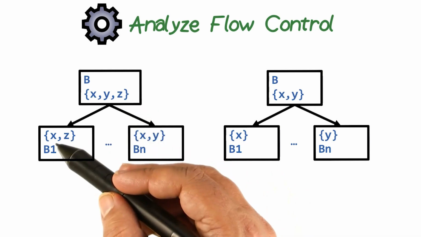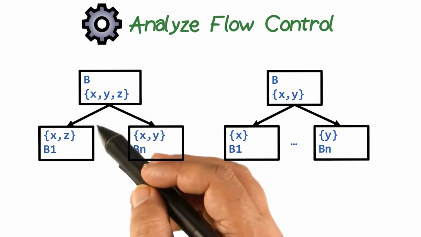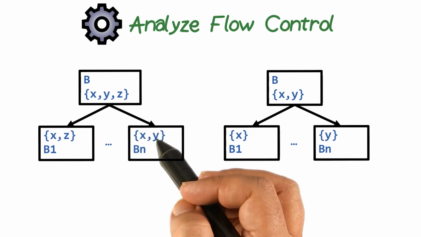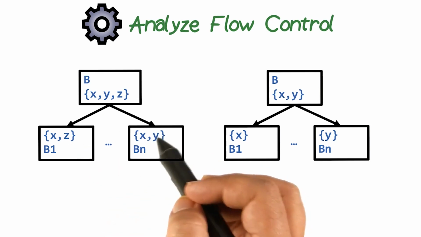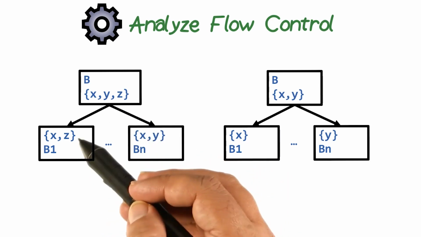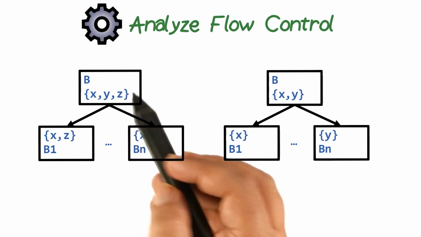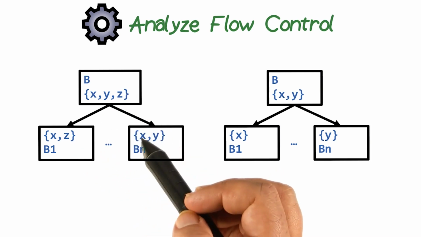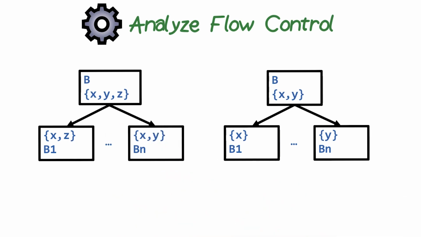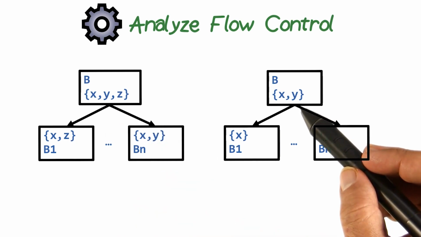However, if x is live here, x is live here, it will definitely appear there. y is live here, y is not live here, still it appears as live here. And z is the reverse, it is live here, it's not live there, it still appears. So in other words, a variable appears here as long as it's live in one of these insets. A similar observation can be used here.